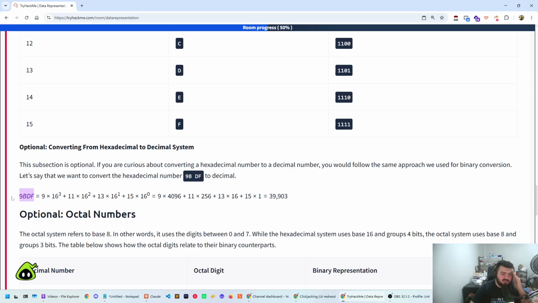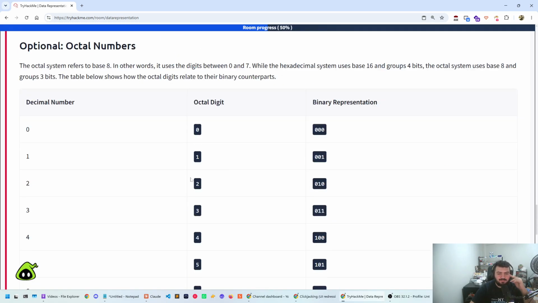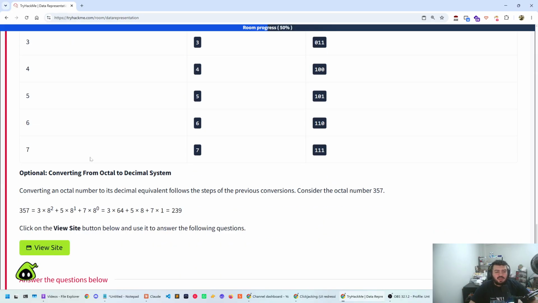If it's easier for you, you can do it from right to left. So you can start from 0, 1, 2, and 3, and then you multiply all by 16 because hexadecimal is base 16. Okay? So yeah.